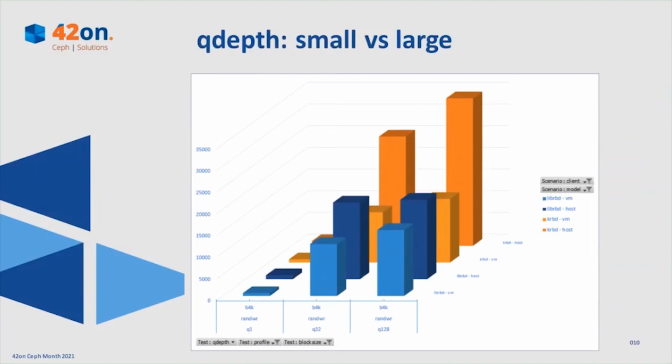What you see here is that the librbd VM and the krbd VM are roughly the same again. So librbd host and krbd host are vastly different, but the VMs are generally the same. So there's another ceiling there that we are encountering.